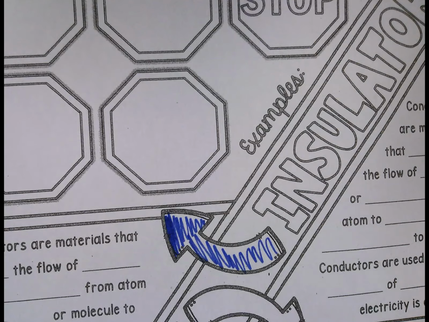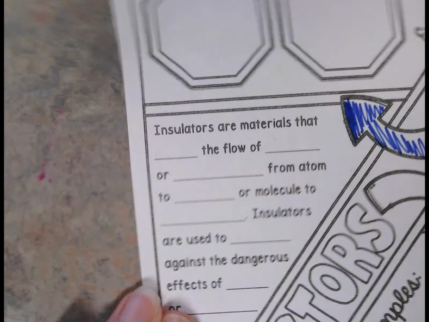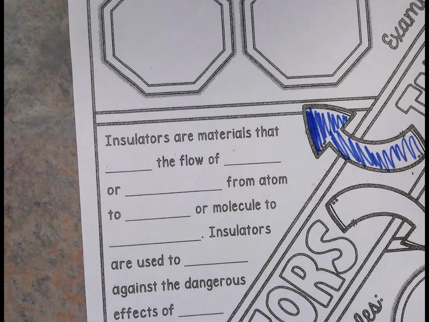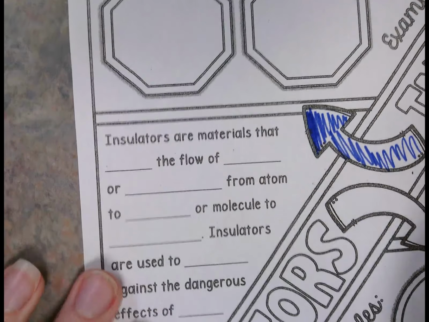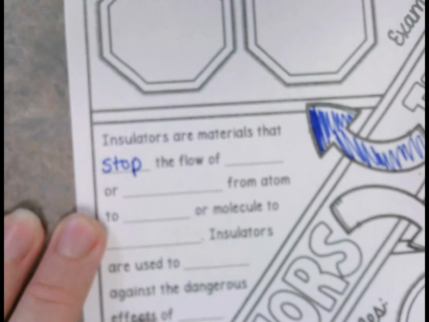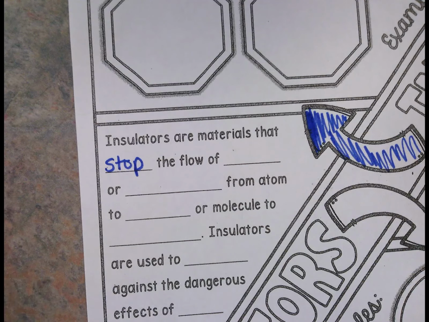Right? So looking at this first little section, insulators are materials that stop the flow of heat, electricity, magnetism, everything else.